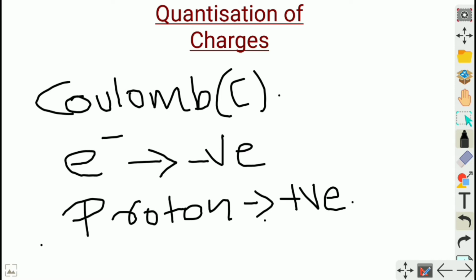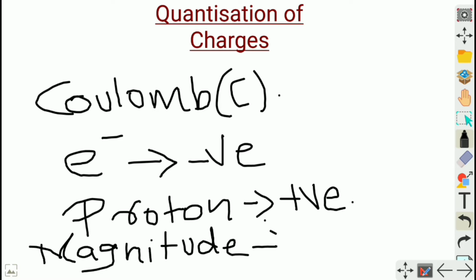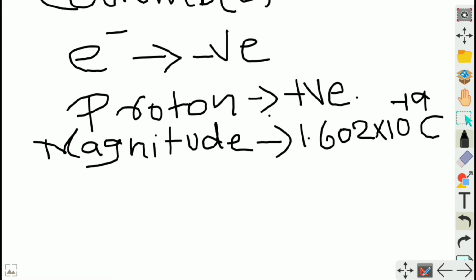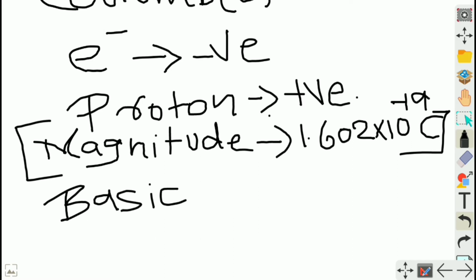The magnitude of the charge of an electron or proton is 1.602 into 10 raised to minus 19 Coulomb. And this is the basic unit of charge.